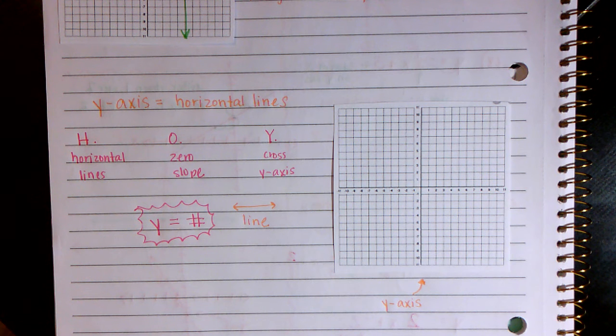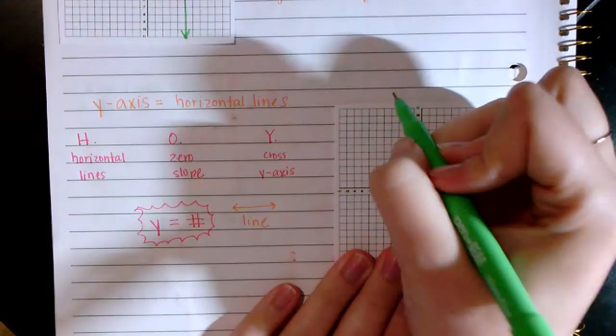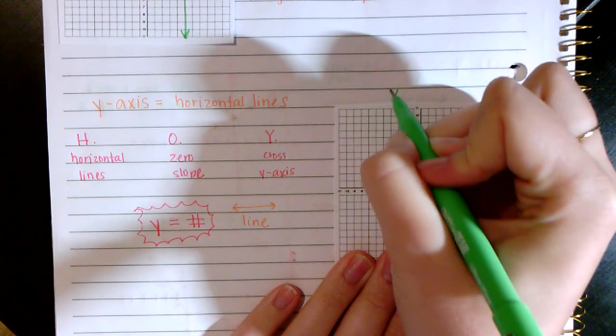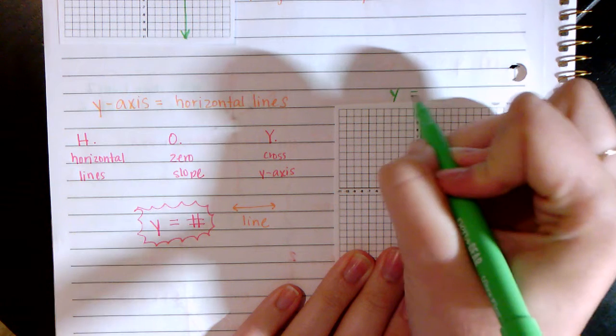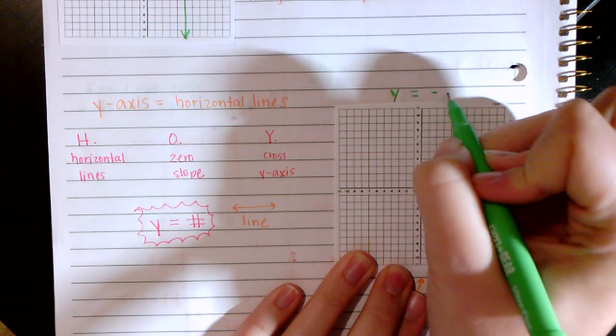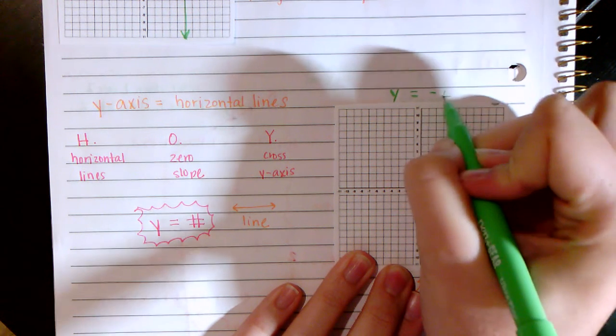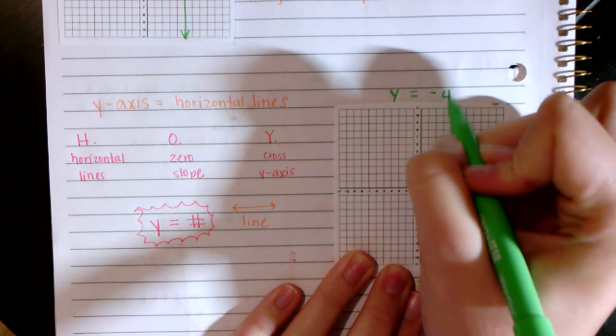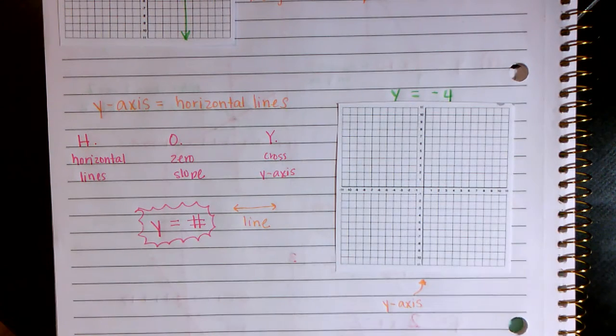So if I wanted you to graph, for example, y equals negative 4. If I want you to graph y equals negative 4, that's just a single number set equal to y.